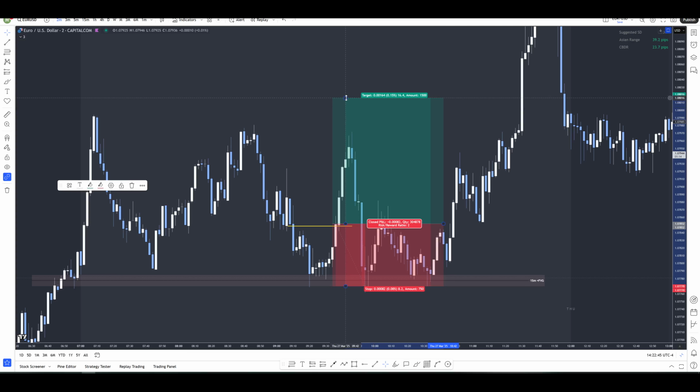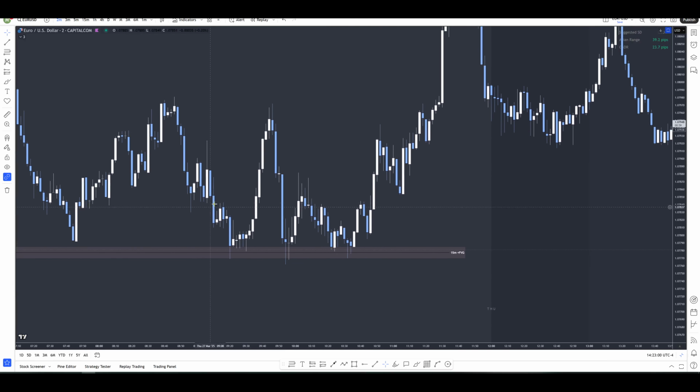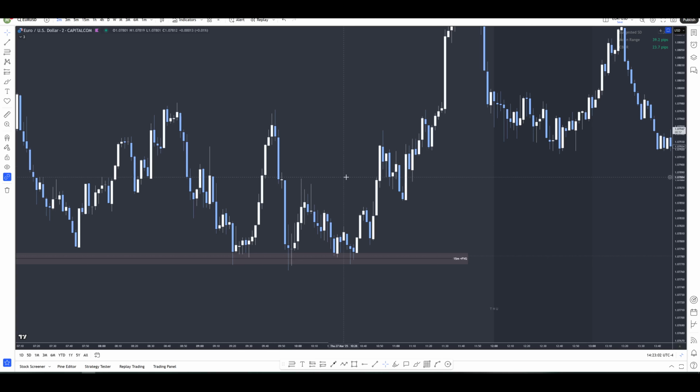Then the 1 to 1 would be here, then I would go break even, and as you can see price turned around and this would be a break even trade. So no loss, no big thing, just a break even trade.